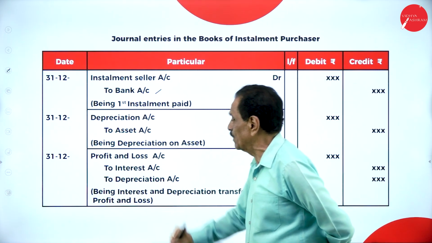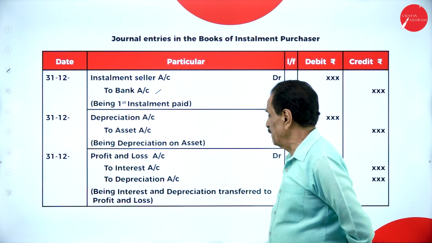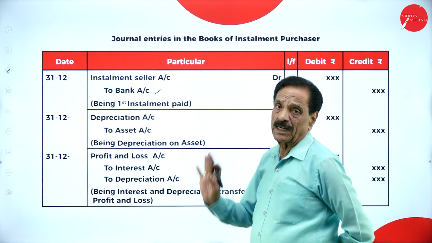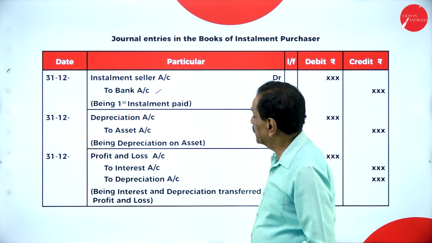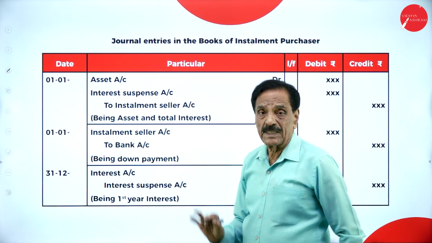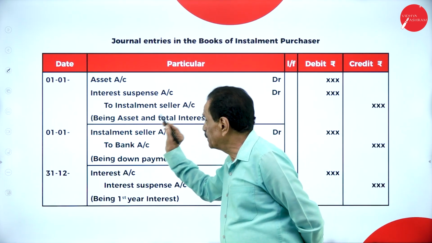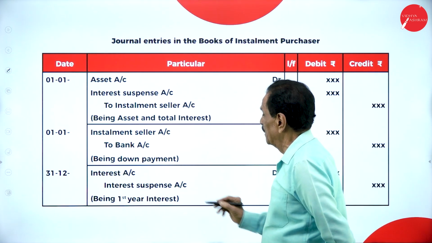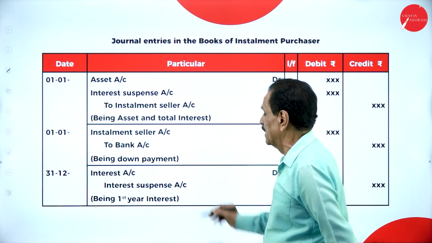Then depreciation account debit to asset account, a transfer entry. Profit and loss account debit to interest account and to depreciation account. I'll repeat once again. Asset account debit, interest suspense account debit, to installment seller account, being asset and total interest.